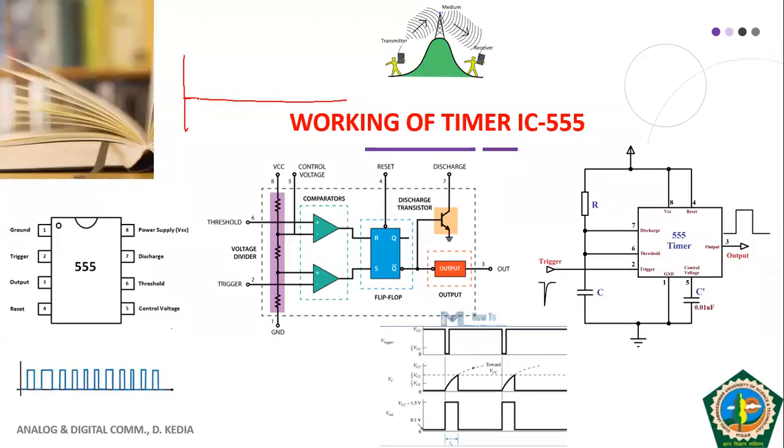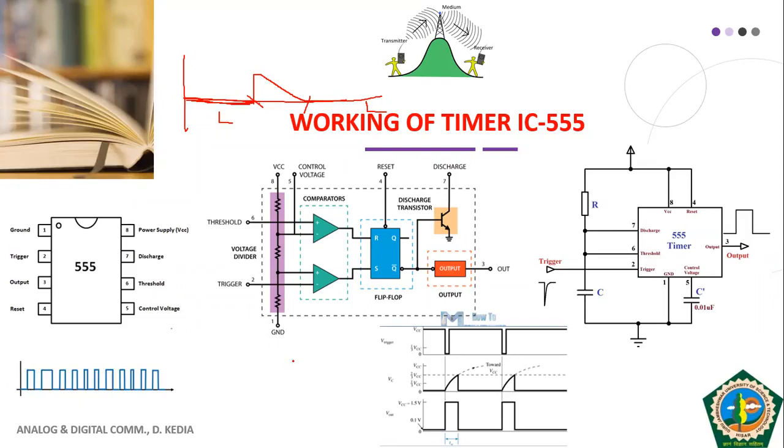For monostable, I told you that, say my stable state is low, then as soon as a triggering pulse comes, it moves to the unstable state. It will remain in unstable state for some time, and then it again goes back to its stable state. So this portion represents our unstable state. Okay, so let us see.